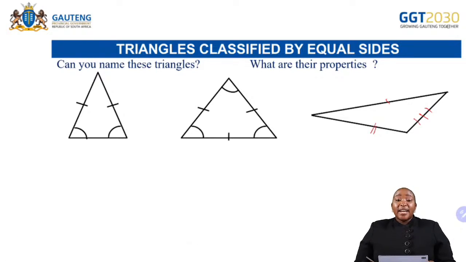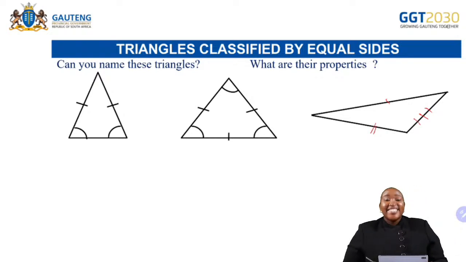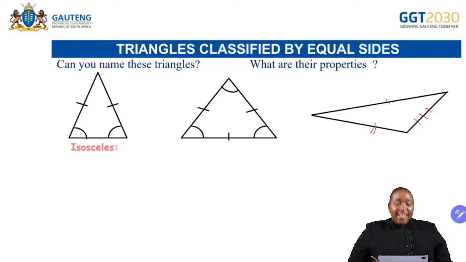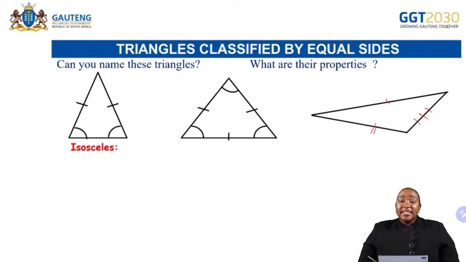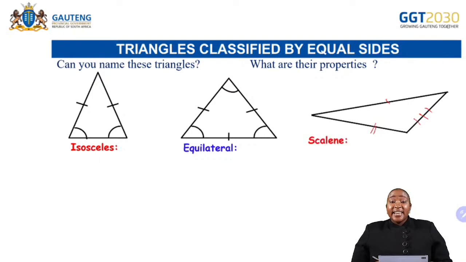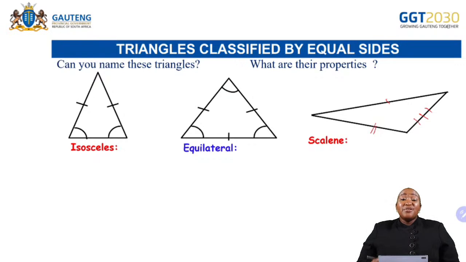I think Tepo has answered the first question. All right. So the first triangle is called an isosceles triangle, right? And then what do we call the second one? It's called an equilateral triangle. And the last one, what do we call it? It's a scalene triangle. Well done if any of you were able to identify these triangles.